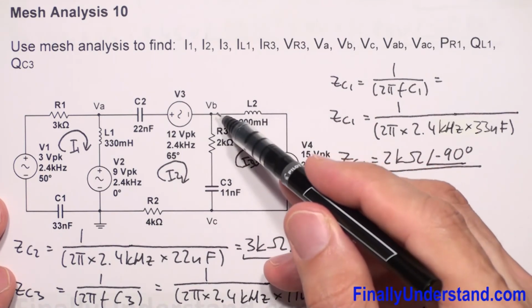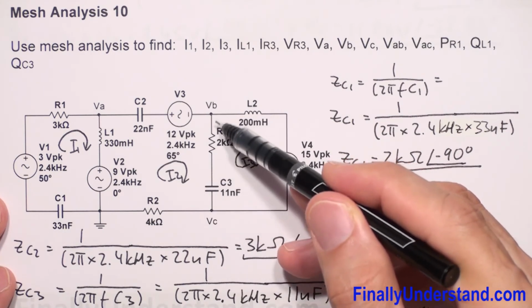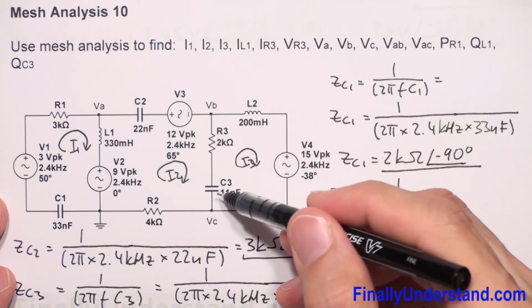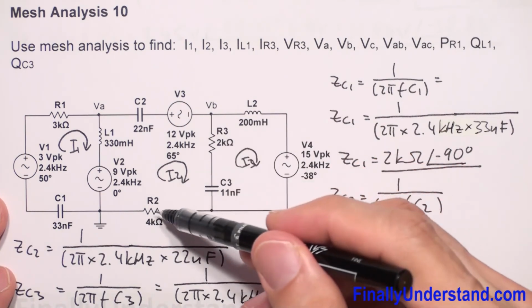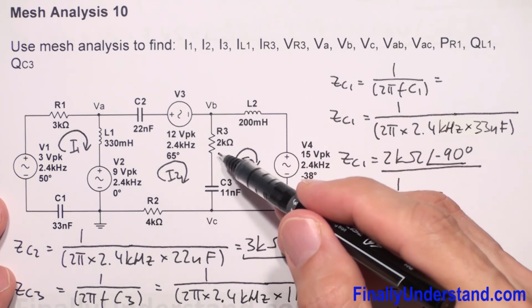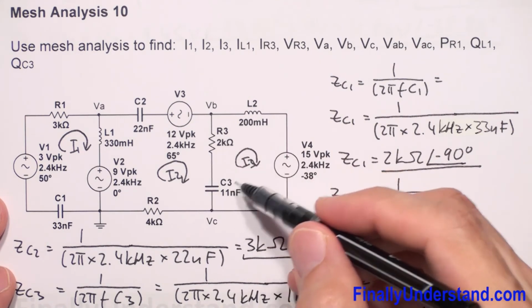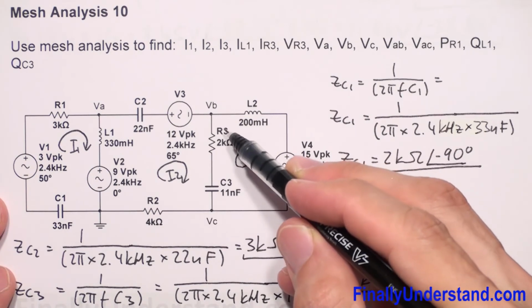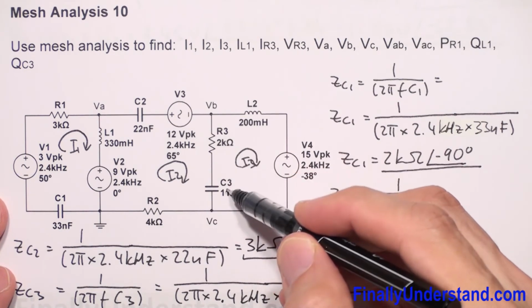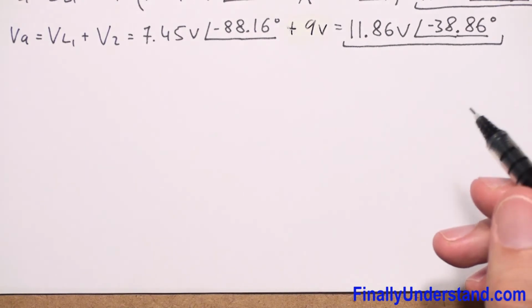Next, I'm supposed to find voltage VB. In order to find voltage VB, I have to know the voltage at the resistor R3, the voltage across the capacitor C3, and the voltage across resistor R2. We've found already VR3. Now we're supposed to find VC3. VC3 is nothing else but the current which we found for IR3 times the impedance of capacitor C3.